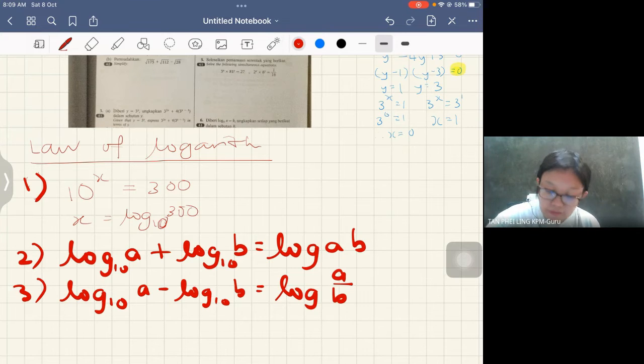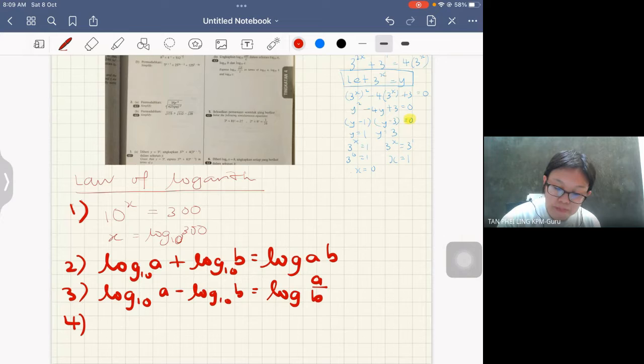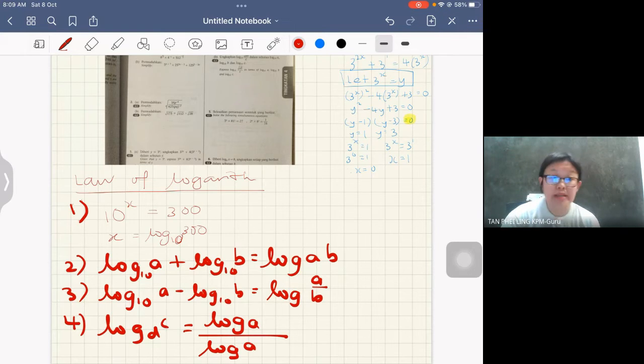And then the fourth one, which is change base, right? Change the base. Let's say you have log C base D, and you want to change everything to base A. So you write down first log A over log A. That's my method: I have log C base D, I want to change to base A. So I write down log base A first, the base that I want.